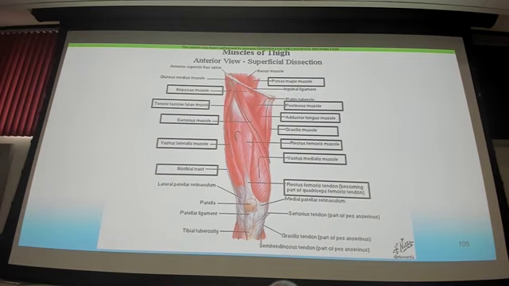You have gracilis that's hanging out, that most medial portion of the thigh. Pectineus, and then iliopsoas comes down in here also. Pectineus and iliopsoas are the floor of the femoral triangle. So we'll go through each one of them individually, but that's the overview of how the thigh looks.